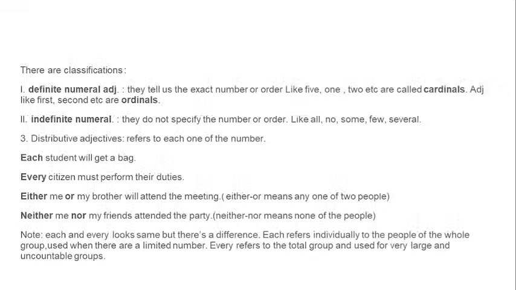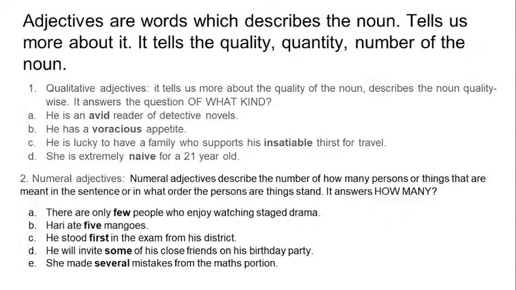The next one comes with the classification, which is very important for you to know, that is definite numeral adjective, and there are two kinds out of that. See, in some sentences, if you look at number B, Hari ate 5 mangoes. It gives you the number 5.